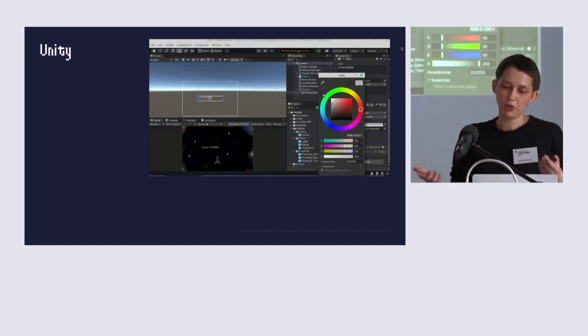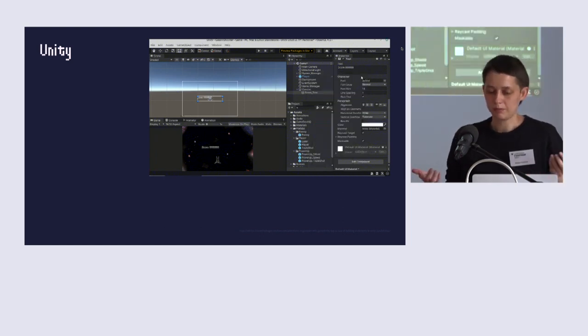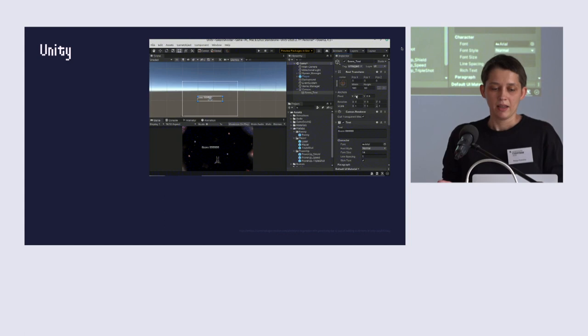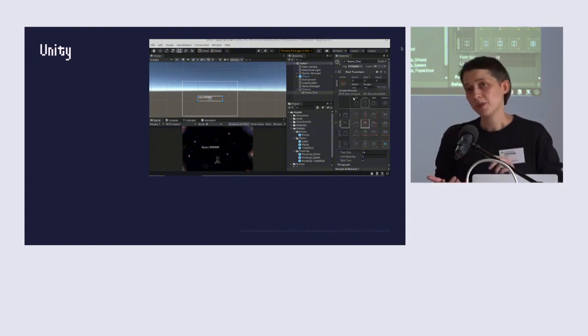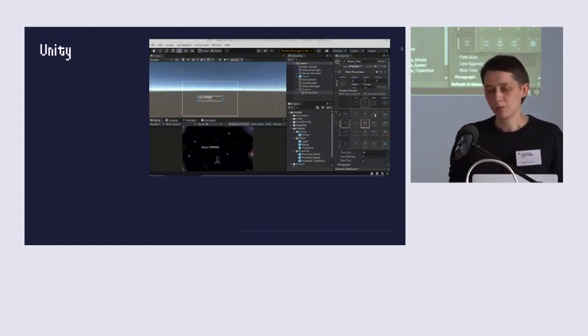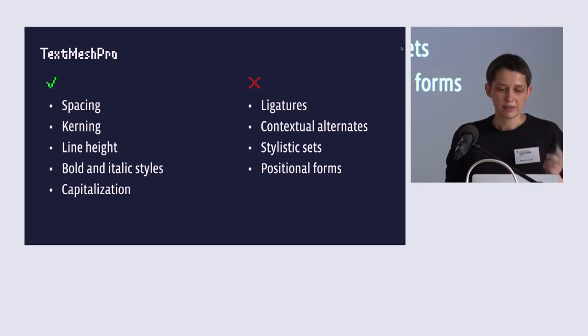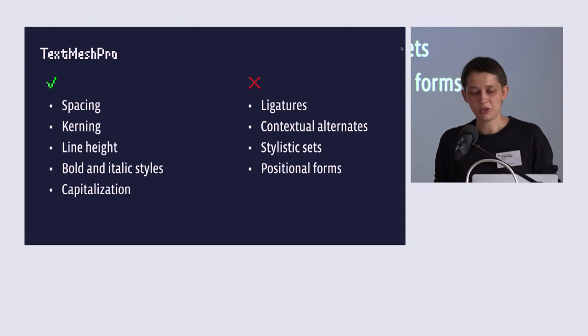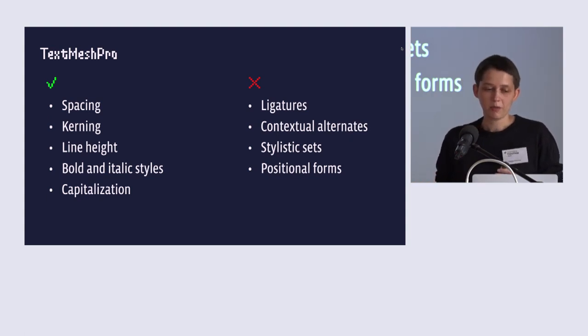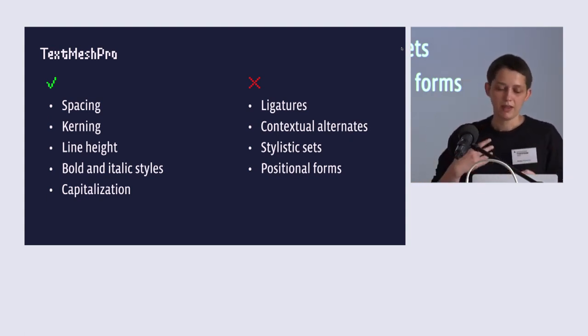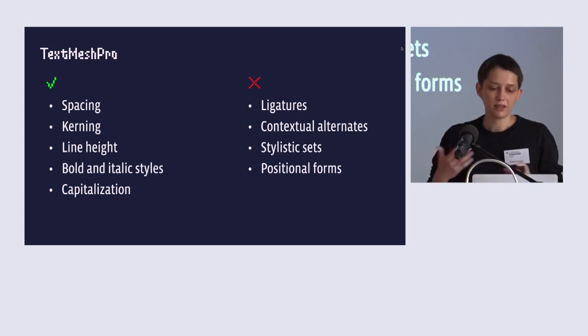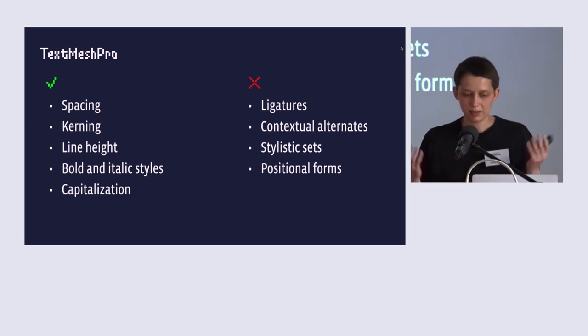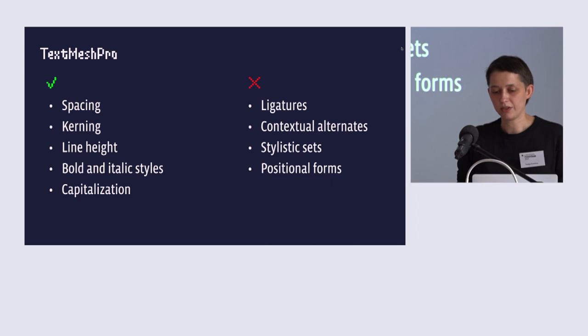for instance, Unity, one of the popular examples, not all the OpenType font features are supported. Let's say there is a Text Mesh Pro module within Unity, with the help of which you can change spacing, kerning, line height, bold and italic styles, capitalization.